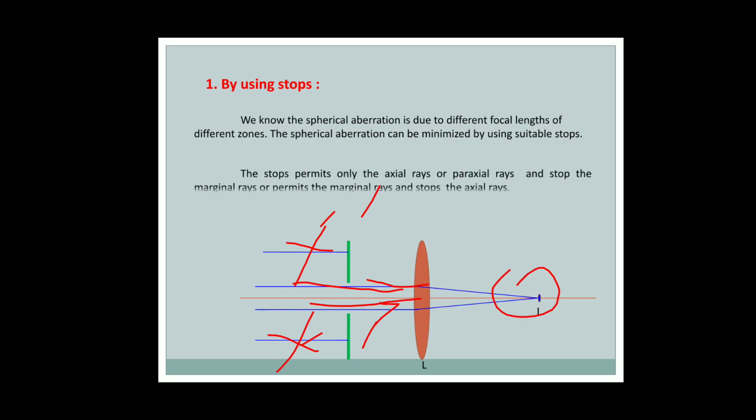But there is some defect in using this stop to minimize the spherical aberration, because the image intensity is very much reduced by using the stop.